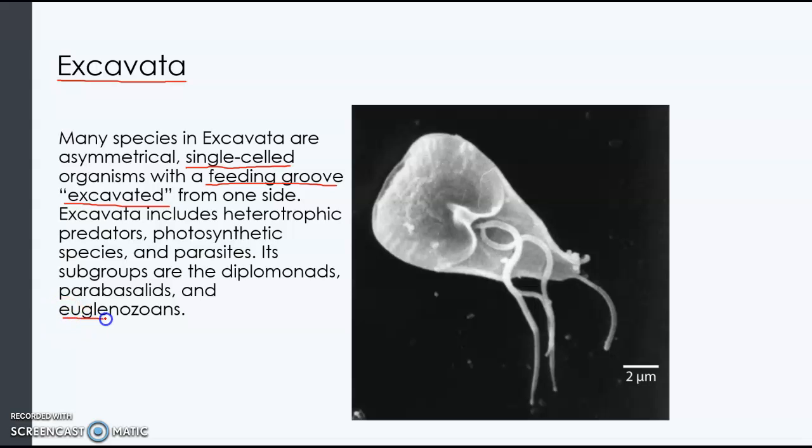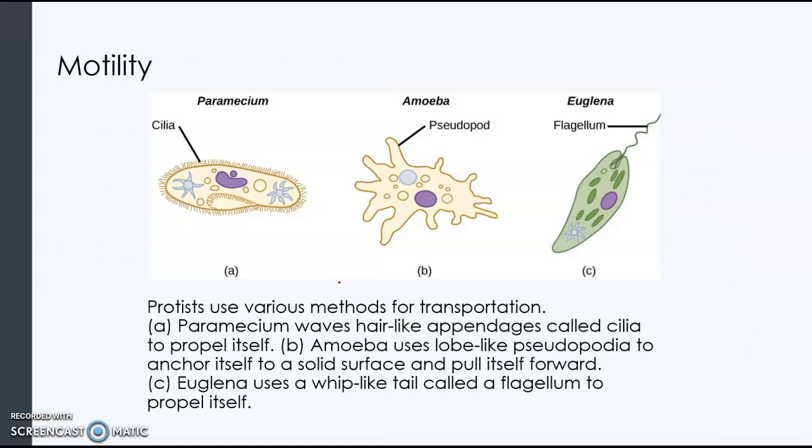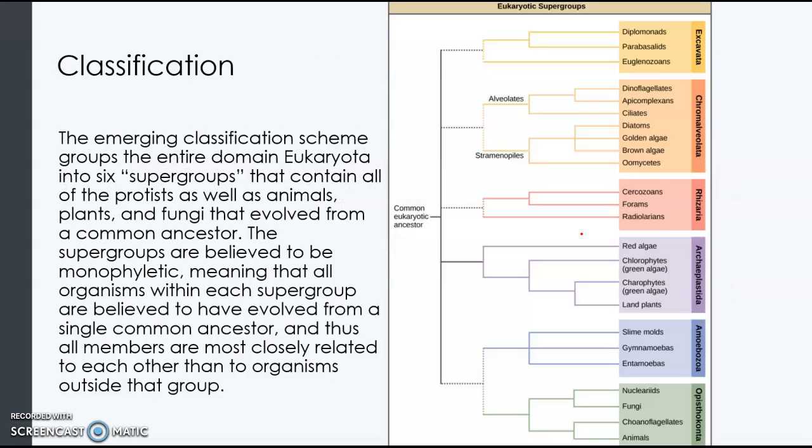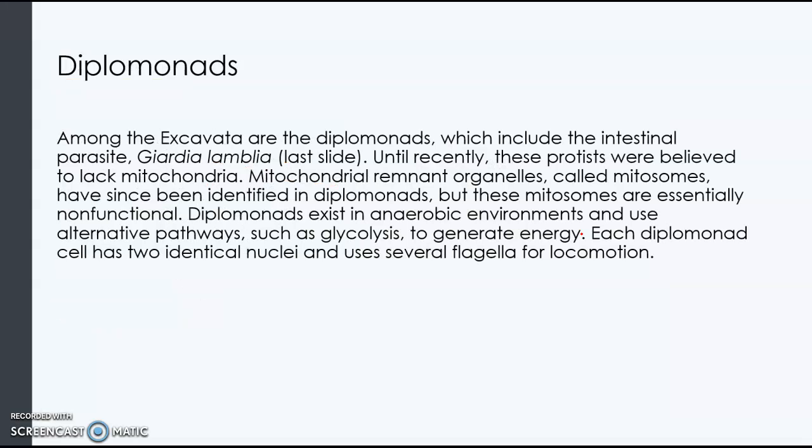Now, we have already seen the euglenozoans in the form of a euglena. This was an illustration here, picture C. So this is an example of a protozoan that's a member of the excavates. Okay, and we also have the subgroups diplomonads and Parameciums.